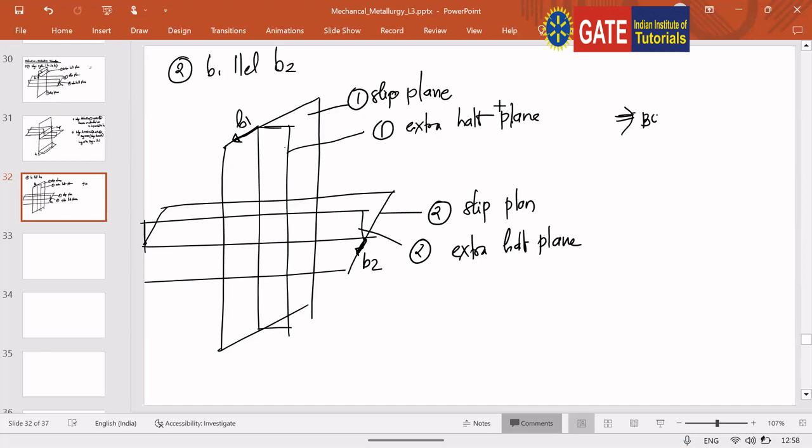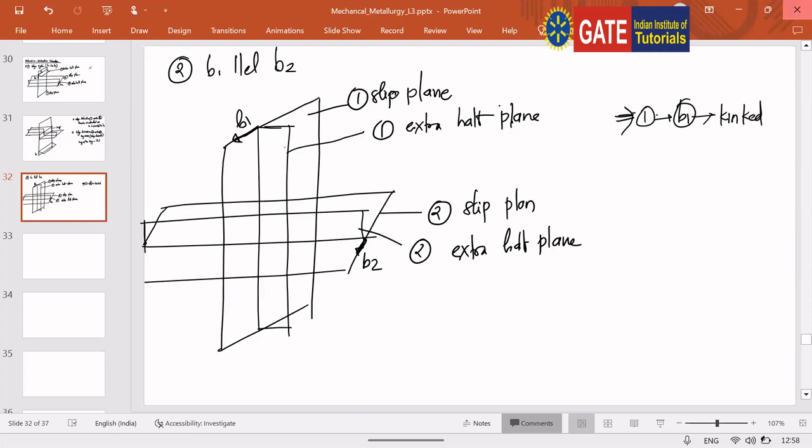In detail, if you want to write it down, everyone write: the dislocation 1 with a Burgers vector B1 will get kinked.